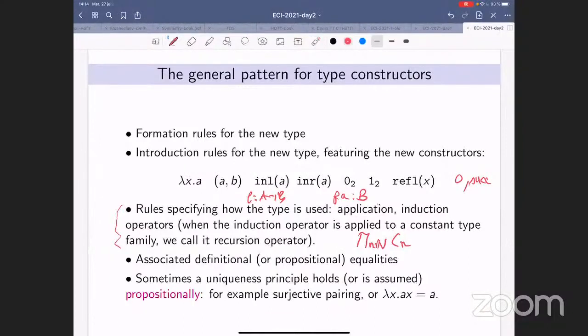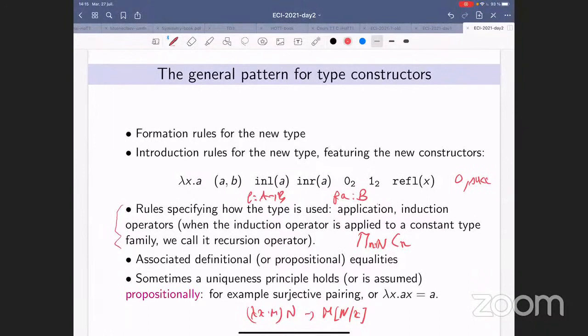Beta rule is this one. And the eta rule is a rule that you may want to have for certain applications, but it's debatable whether this rule should be definitional or equational.